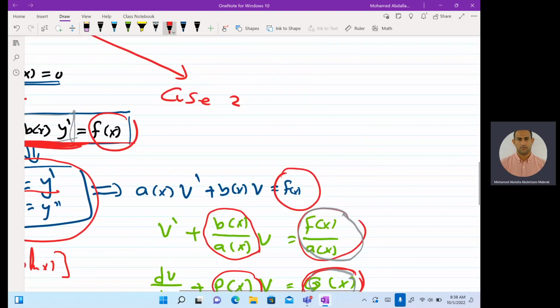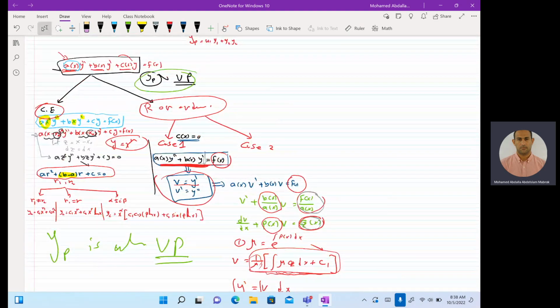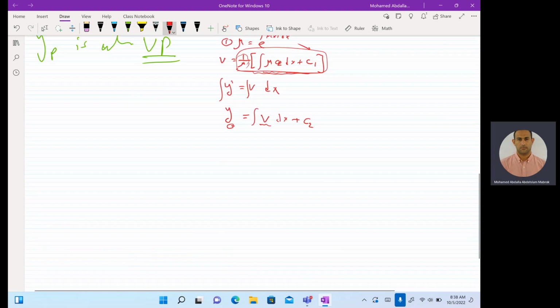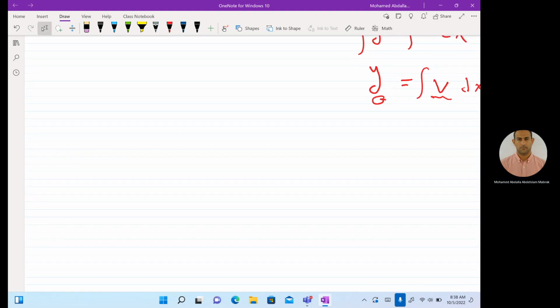And then we came to the last part that we covered in the second order differential equation, which is case 2, which is kind of the most generic or generalized form that we reached. So case 2 in reduction of order, and this is what we did the last 2 lectures.